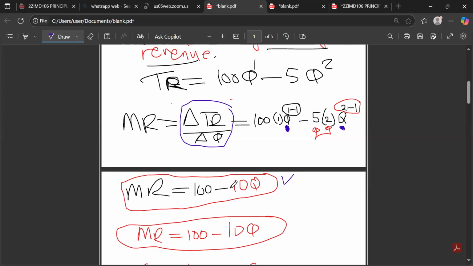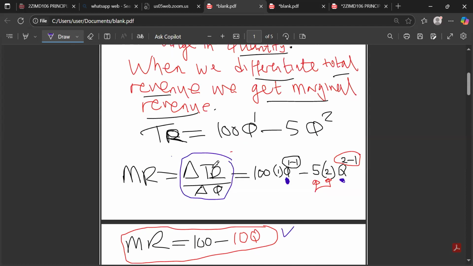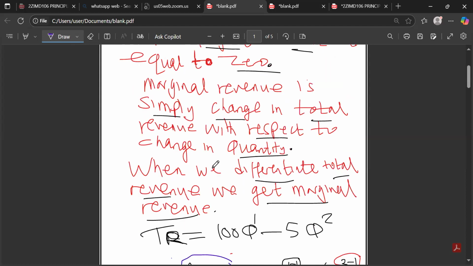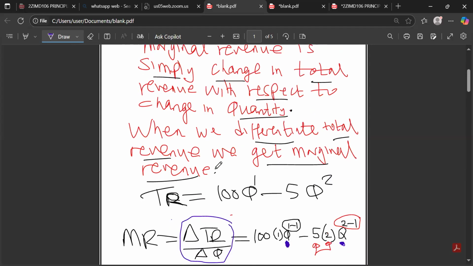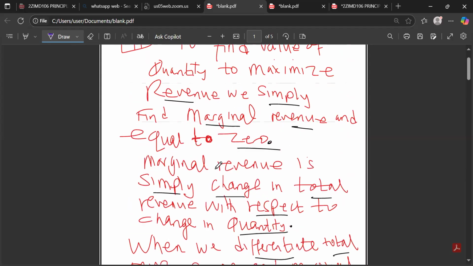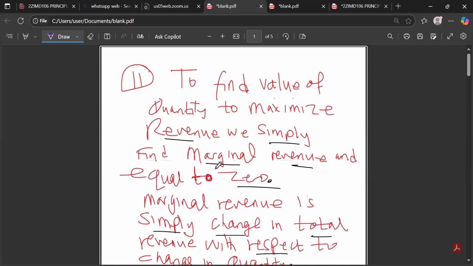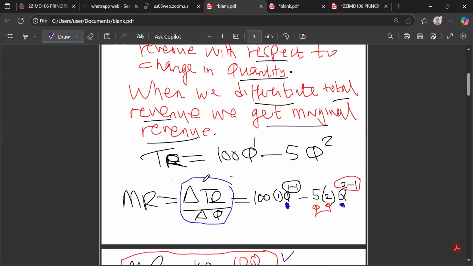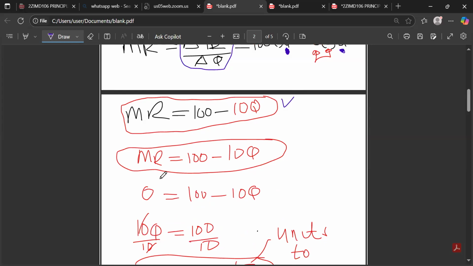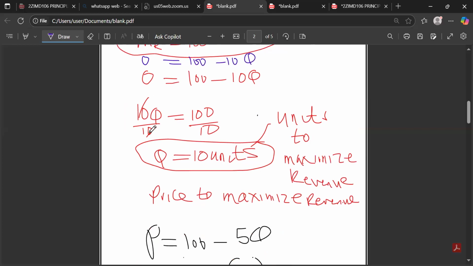Yeah, no, but now to find the value of quantity to maximize revenue, you equate marginal revenue to 0. So to find the value of quantity to maximize revenue, we simply find marginal revenue and equate to 0. So where there is MR, you put a 0 here. 0 is equal to 100 minus 10Q and solve for Q. So that's why the 10Q came to the other side.